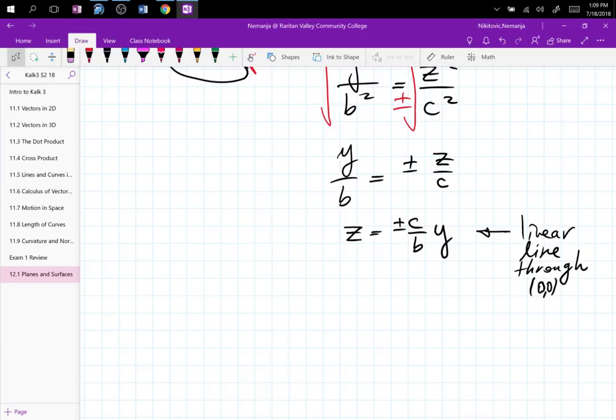The last shape, what does it look like? Looks like a saddle. Looks like a horse saddle. And in my opinion, the most interesting shape of all shapes. All other shapes are somehow natural, and this one, right?